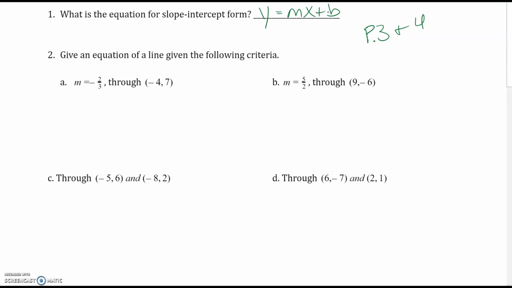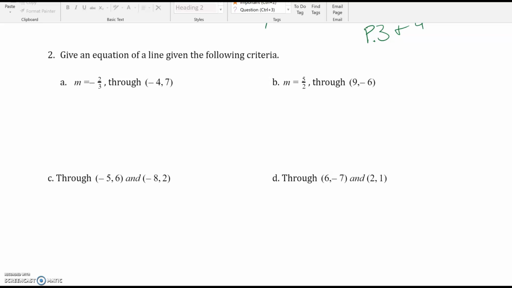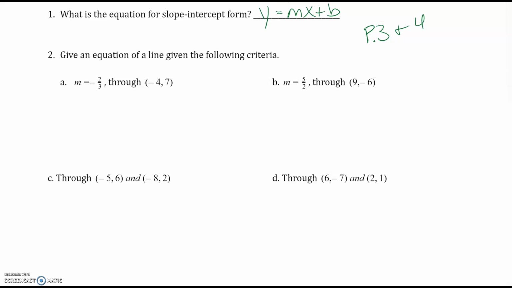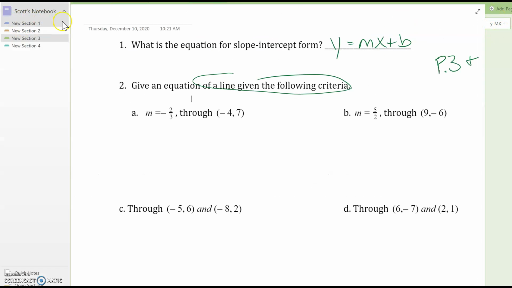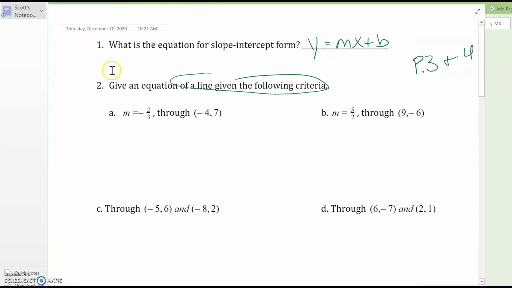All right, for this, let's see here, this first one here, your answer, give an equation of a line that fits the criteria. All of your answers should look something like y equals mx plus b.